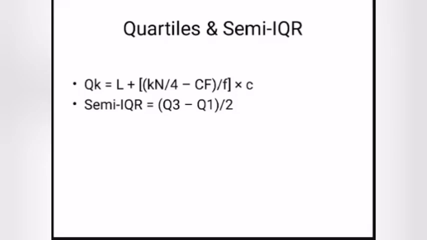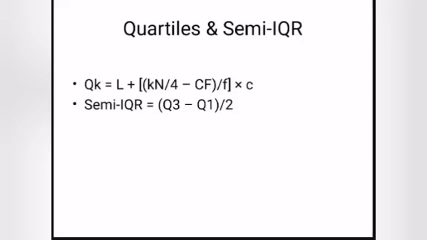It can be Q1, Q2, Q3, Q4, Q5, and so on. So we're just going to multiply the constant number times the total number of data sets over 4. Then minus the cumulative frequency before that class.